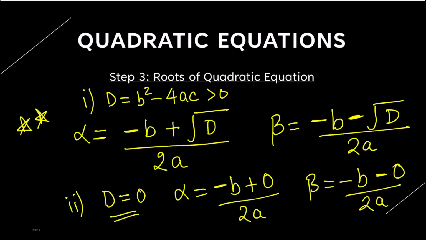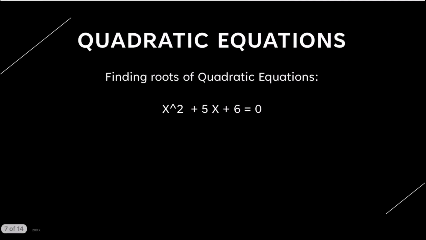Moving on. Now this equation is given to you, x square plus 5x plus 6. If you want, you can pause the video, try to solve this and then come back and check if you have done it right. First thing, as I've already told you, make the right hand side equal to 0. It is already 0, so the first step is done.